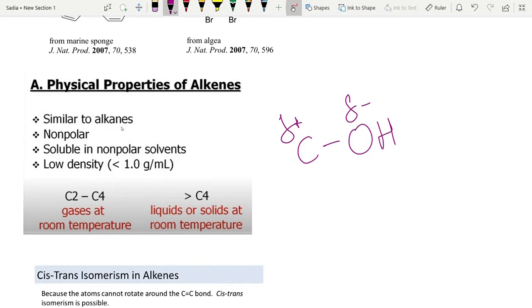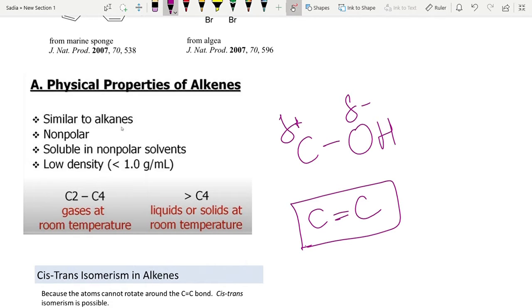But if we are talking about a molecule in which the atoms that are bonded are similar, carbon and carbon, both are similar, so there is no difference in electronegativity value, therefore this compound will be nonpolar. Now, be it a carbon-carbon single bond or a double bond, the molecule will still remain nonpolar as long as the same atoms are bonded together.